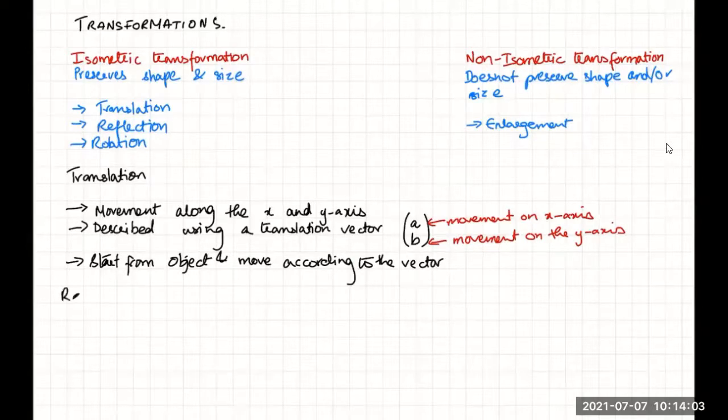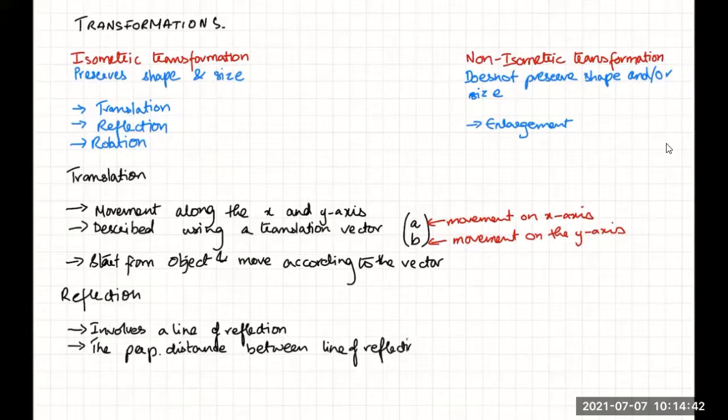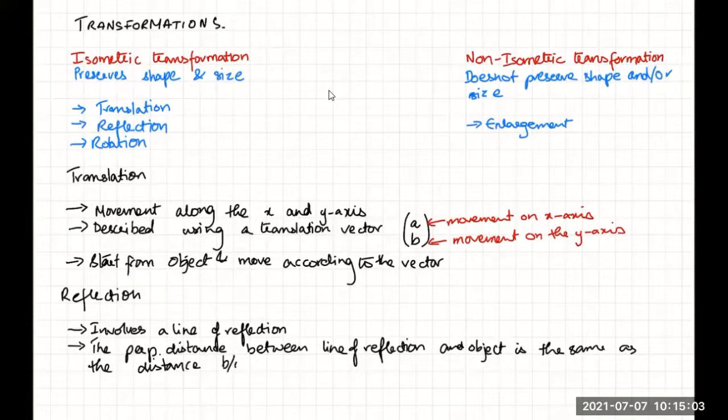The next one is called a reflection. Okay, reflection involves a line of reflection. Okay, the perpendicular distance between the object and the line of reflection is the same as the distance between the image and the line of reflection.